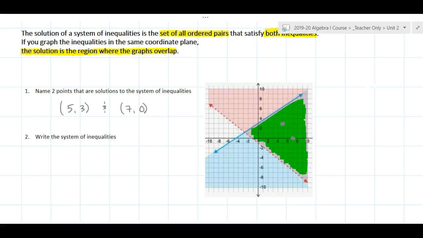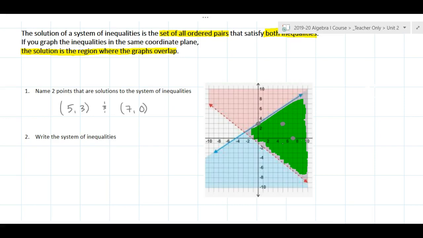Now, if I were to pick a point on the line, I could not pick a point on this red dotted line, where the solutions lie only above that line, not including that line. I could pick a point on the blue line since it is a solid line, and it would be a solution to the system. But to be safe, we want to choose points that are definitely in the double shaded region.